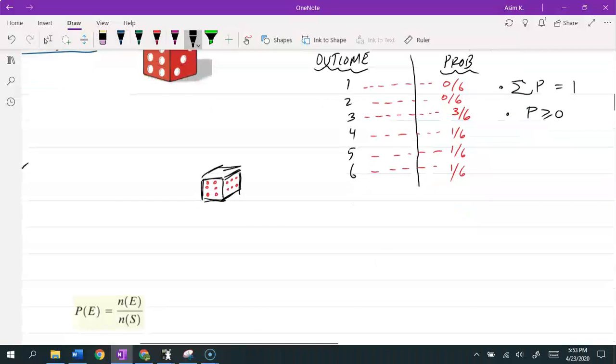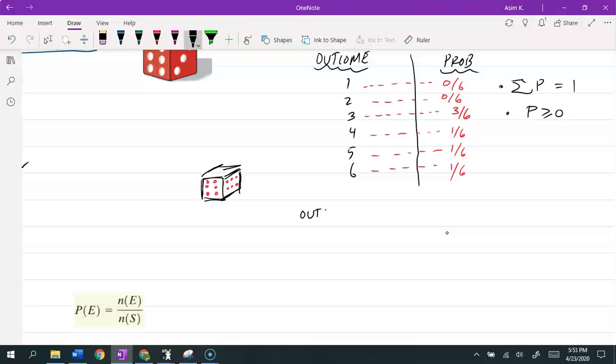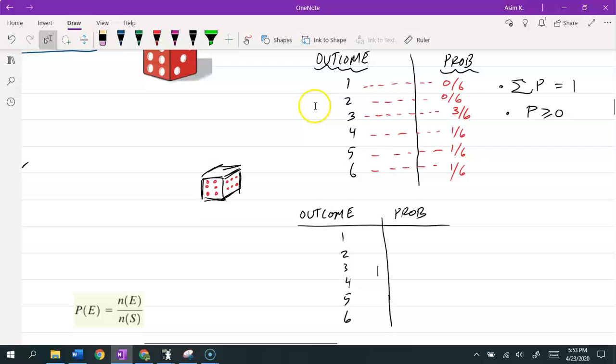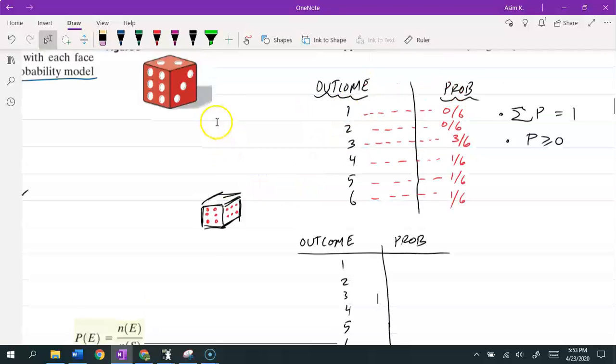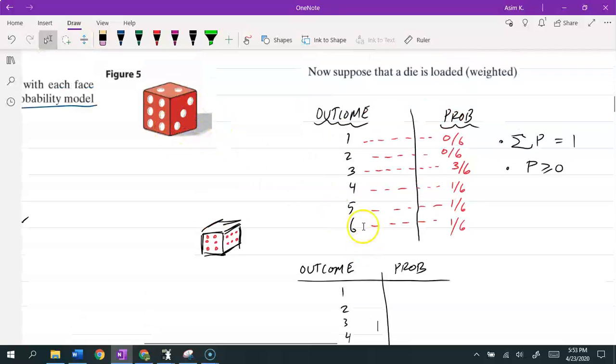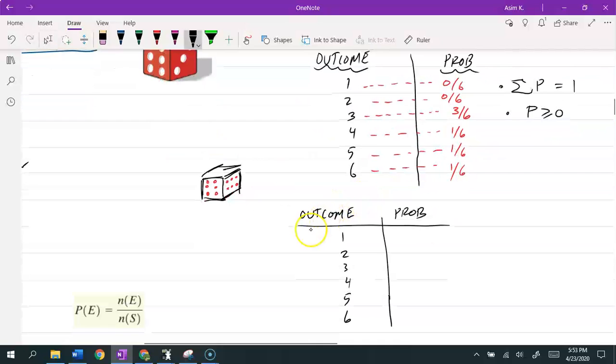So for instance, in this situation, if you're looking at outcome and you're looking at probabilities, in this situation over here, what's going on is the chance of a 1, 2, 3, 4, 5, and 6. But in this situation, maybe you took off one of the sides. Let's suppose you took off the side that had the 3 dots, and you replaced it with the side with the 6.